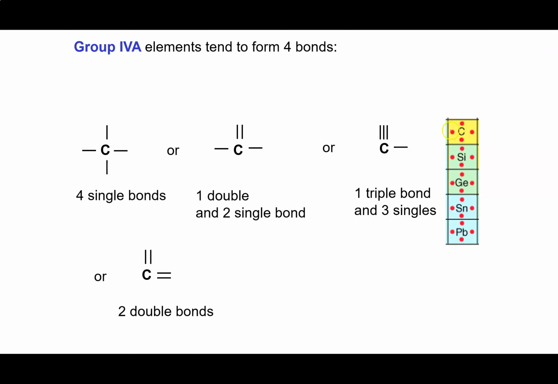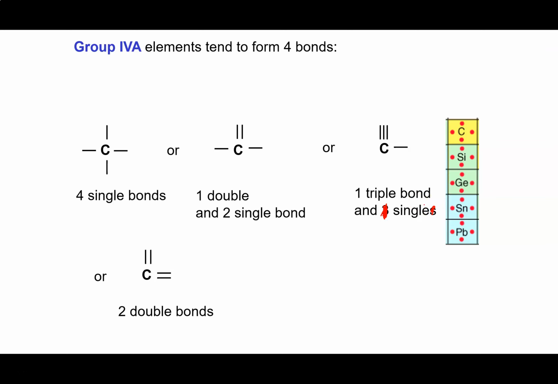Okay, so if we move on over to group 4a, our last group of nonmetals, we see that the elements in this group have a bonding capacity of 4, and this gives the greatest variety of options as far as bonding is concerned. We can form 4 single bonds, we can form a double bond and 2 single bonds, we can form a triple bond and a single bond, or we can form 2 double bonds. So I should point out that should be just 1 single. There we go.